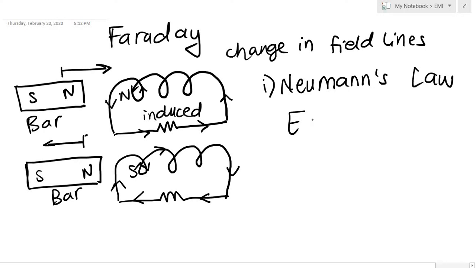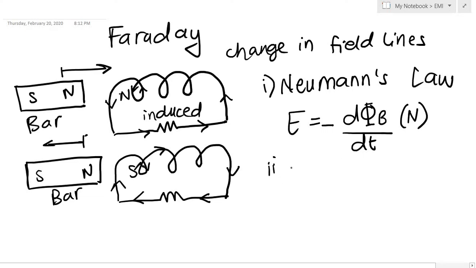So the induced EMF, the magnitude of which is given by the rate of change of magnetic flux cutting through the coil. And now you can add a negative sign, but I'll justify this negative sign based on the second law. Many textbooks also multiply the number of turns along with this, but it's up to you because you can totally club this in the magnetic flux formula.